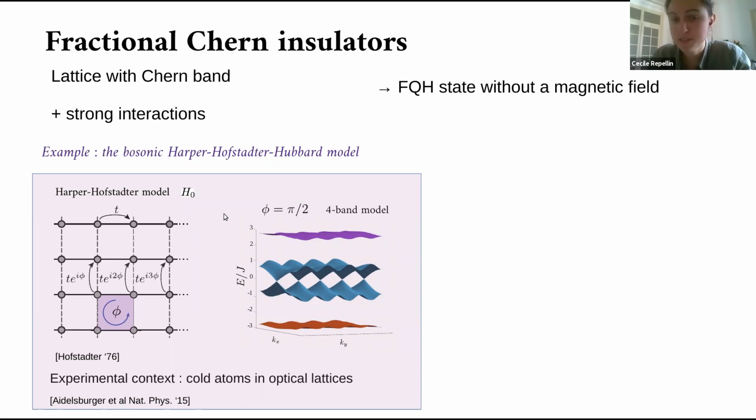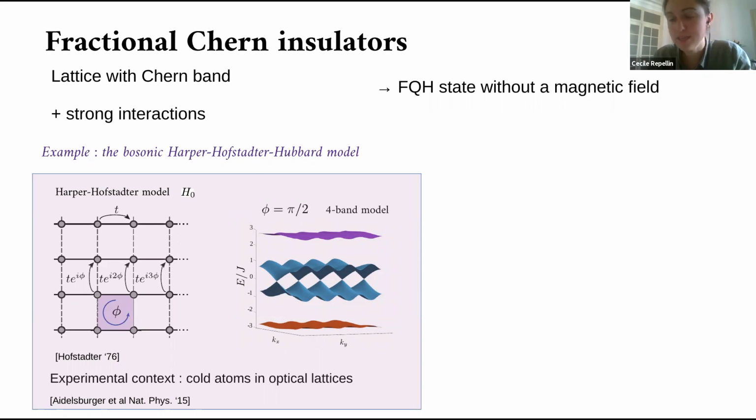Phi can in principle be any real number. In the case where phi is equal to pi over 2, it's quite convenient because it gives you a 4-band model with the 4 bands represented here. The lowest band is going to be a Chern band, meaning it has Chern number 1, which is going to be very practical in the context of fractional Chern insulators.